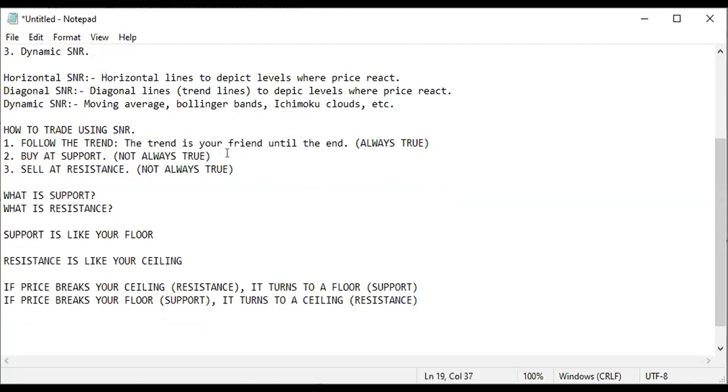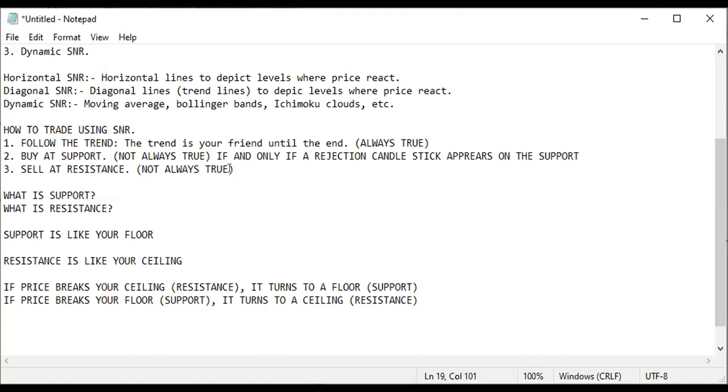I'll buy at support if and only if a rejection candlestick appears on the support.